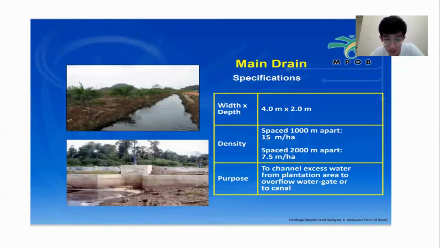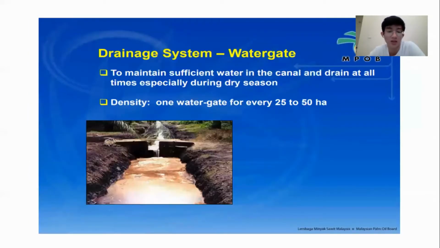The main drain serves to channel excess water from plantation area collected by field drain and collection drain to overflow water gate or to canal, and the specification suggested by MPOB is with width of 4 meters times depth of 2 meters. And water gate is to maintain sufficient water in a canal and drain at all times, especially during dry season.